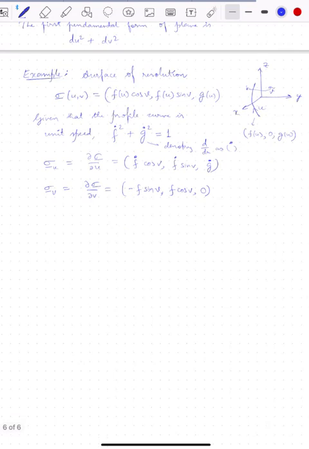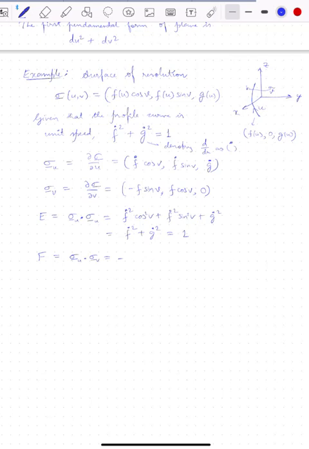Right? Now let's find the metric coefficients. So E is equal to sigma u dot sigma u, and we have f dot squared cosine squared v plus f dot squared sine squared v plus g dot squared. So of course cosine squared v plus sine squared v is 1. So f dot squared plus g dot squared, and then we learned that this is also equal to 1. So E is 1. What about F? So F is equal to sigma u dot sigma v, and this gives us, let's do it component by component.